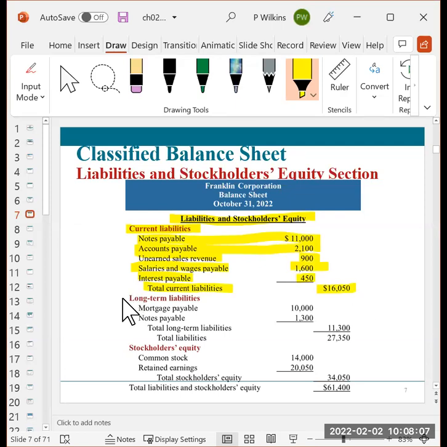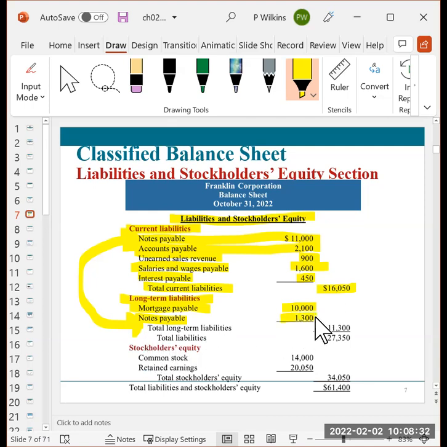Then we're going to go to long-term liabilities, and we're going to have mortgage payable, 10,000. And then you're going to see notes payable again. Well, we had notes payable above, right? There's two notes payable. This is going to be determined by the date of the note. So we're going to look at the difference between a current liability notes payable and a long-term liability notes payable.